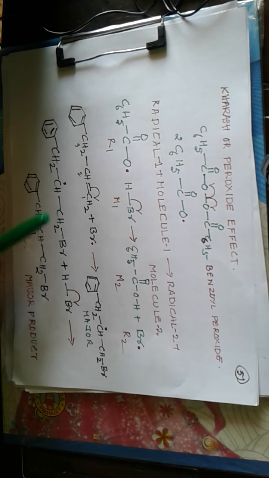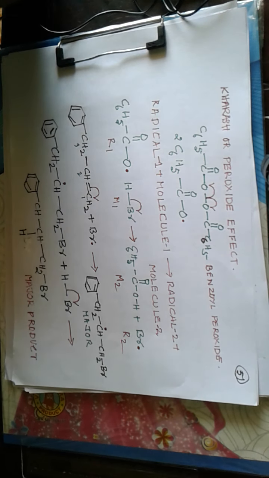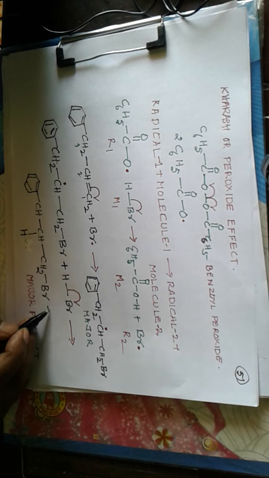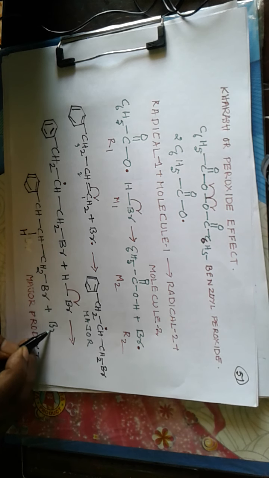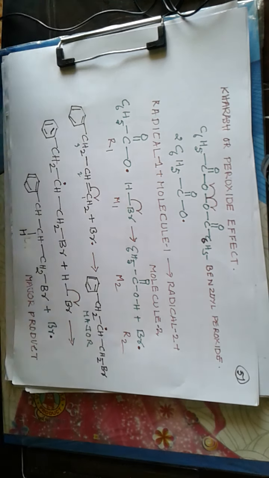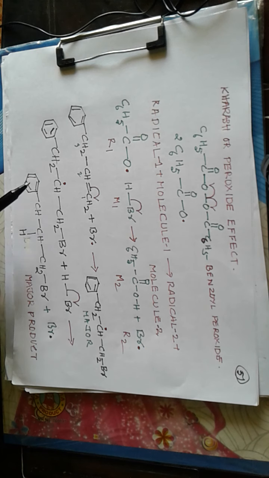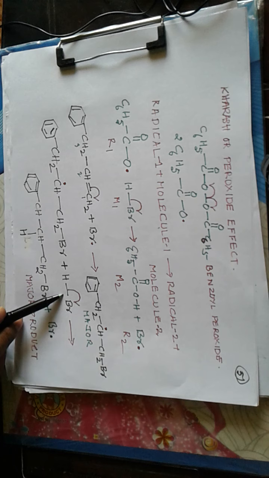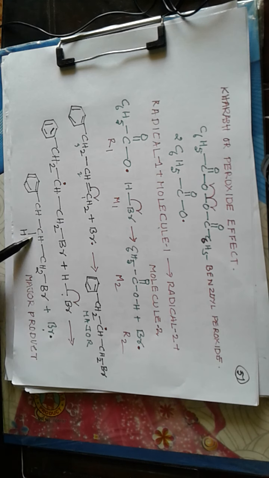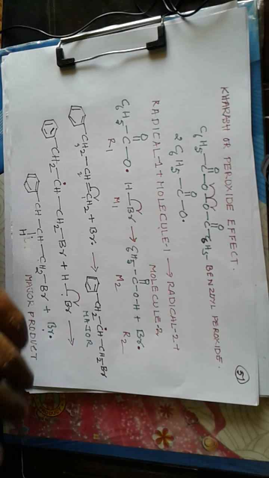H radical combines with this radical center, producing a C-H bond, and there is already a bromine present, plus we get the Br radical. So satisfying the general reaction, radical 1 plus molecule 1 giving radical 2 and molecule 2. So always during a free radical reaction this equation is obeyed.